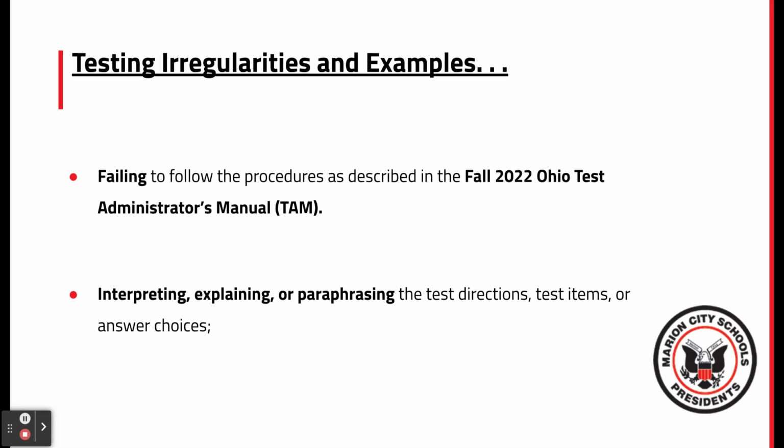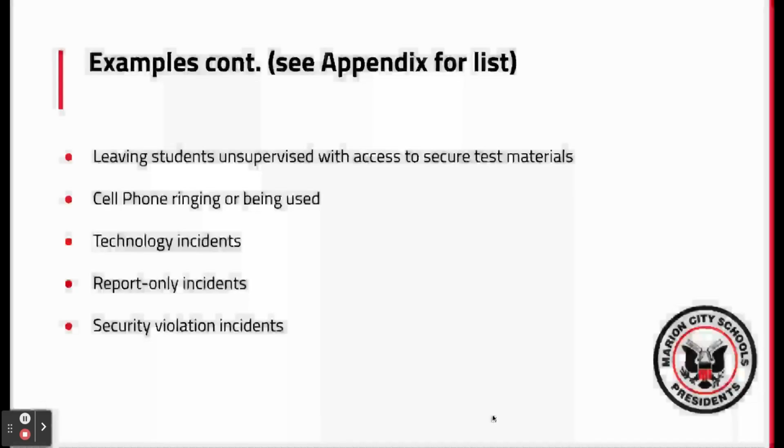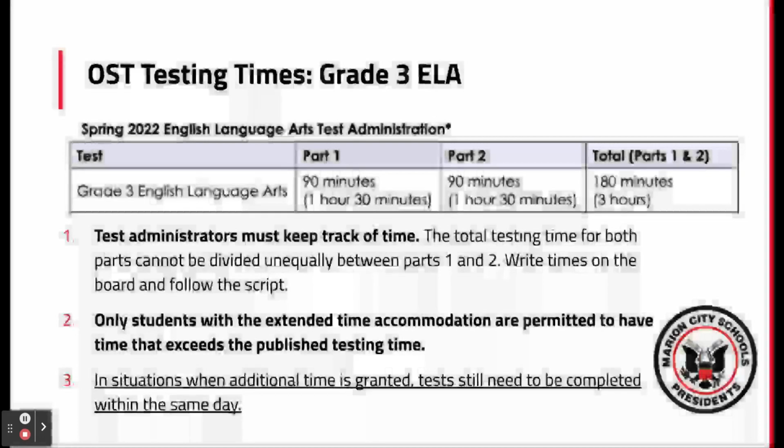Another would be coaching students by interpreting, explaining, or paraphrasing test directions, test items, or answer choices. Leaving students unsupervised, cell phones ringing or being used, or other disruptions like drills. Technology incidents, report only incidents, which are going to be many of these because they're not going to change the status of the test. But security violations absolutely do. So you must read the guidelines and work with your BTCs on how you report irregularities.